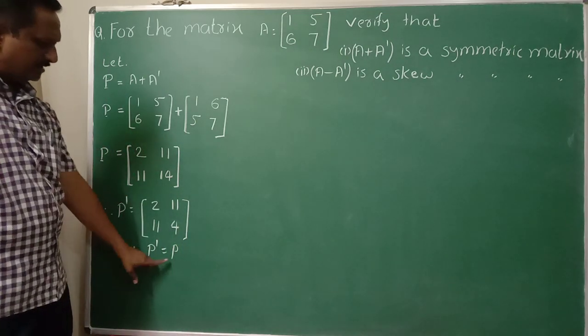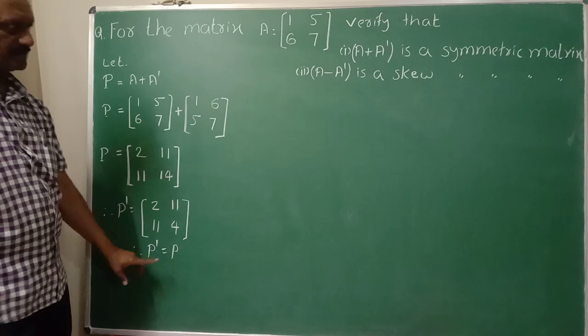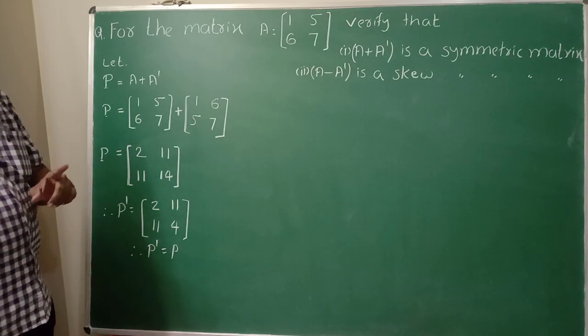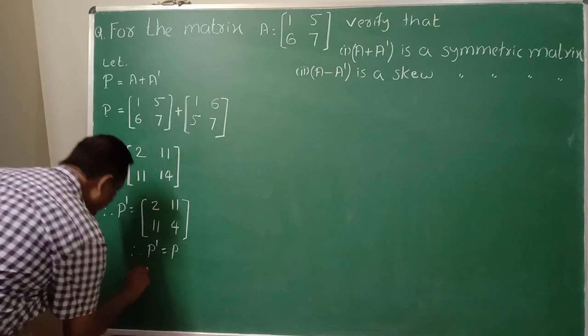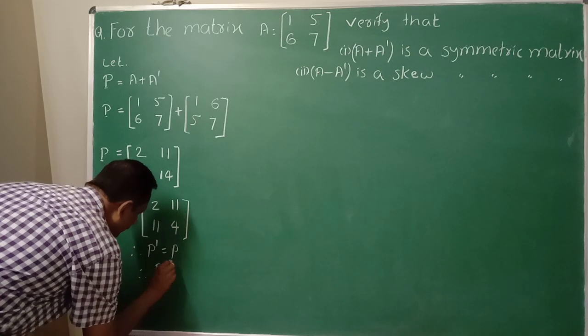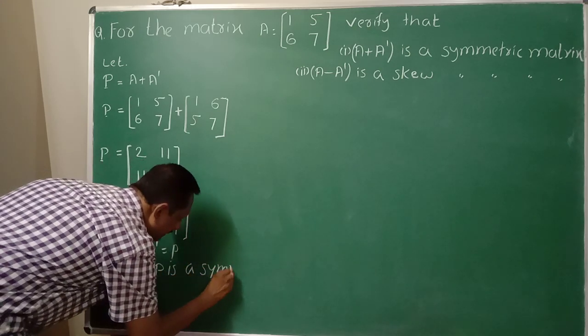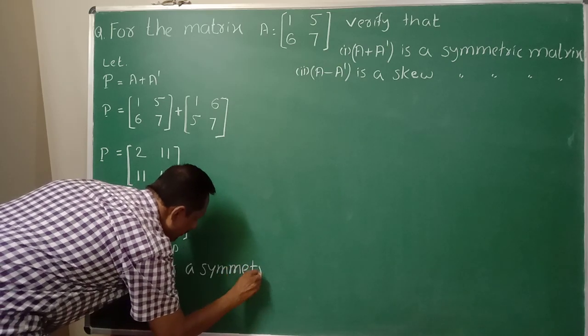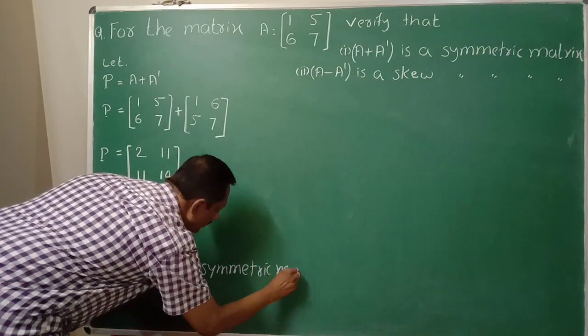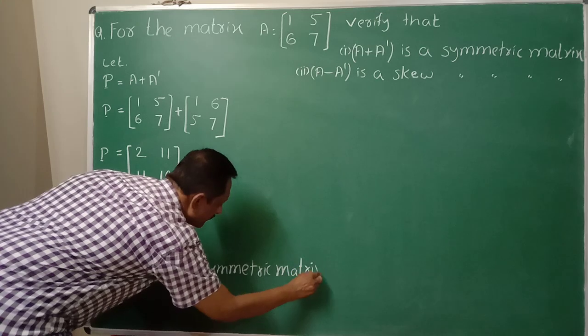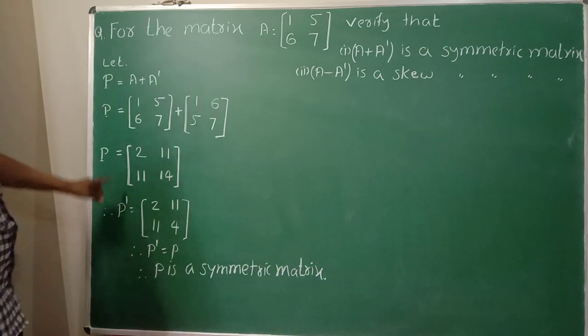If P dash is equal to P, this condition is satisfied, then P is said to be what? A symmetric matrix. Therefore P is a symmetric matrix. Then what is P?